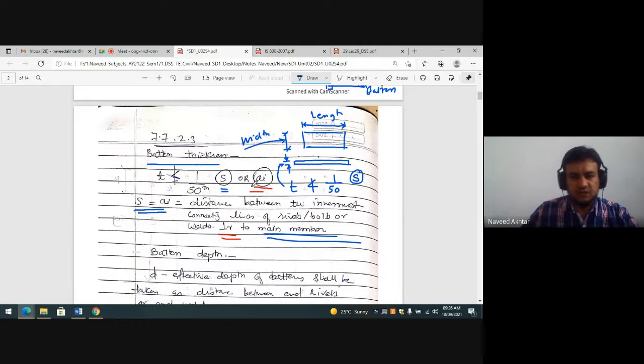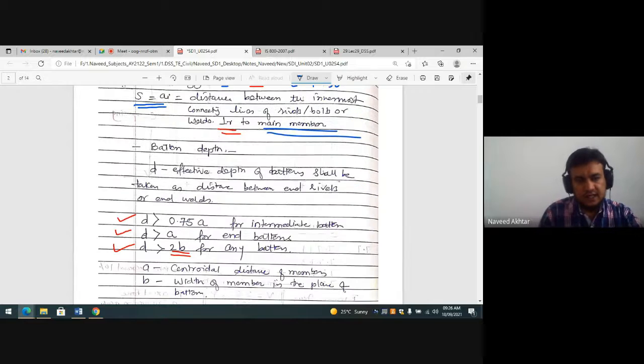Now the batten depth. This one is the batten depth. Your width is called the batten depth. The small d is the depth of batten.